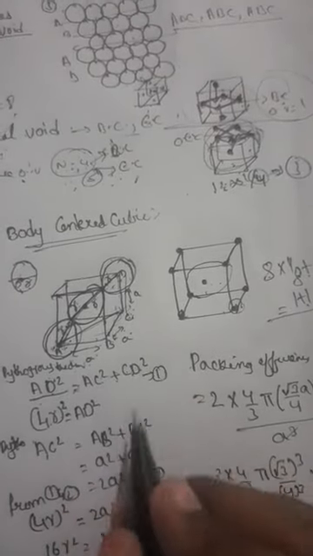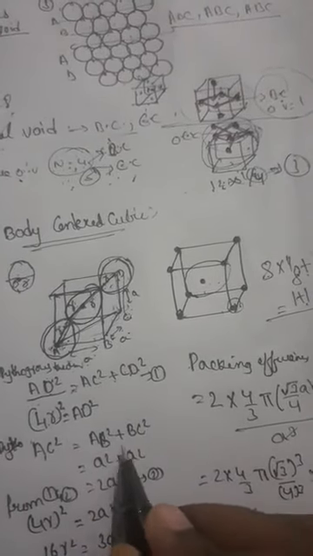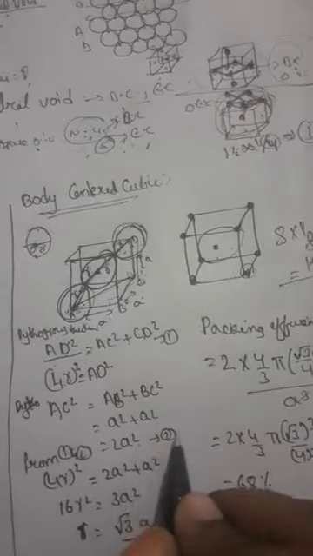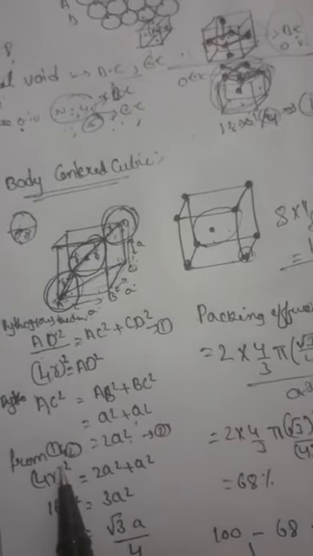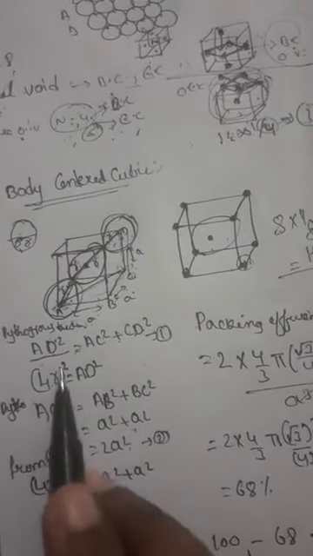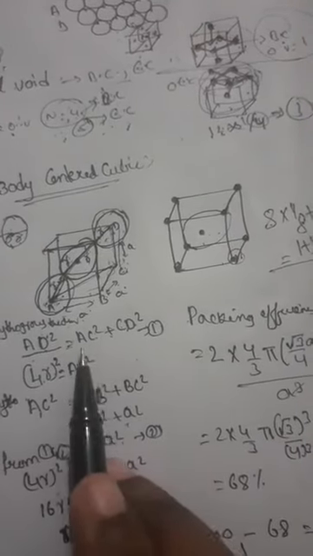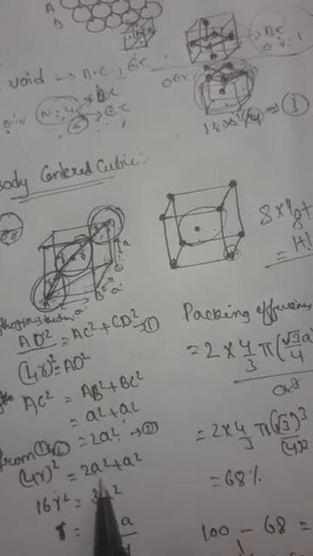And coming to BC, this is the edge length, A square. Total how much are we getting? 2A square. From equations 1 and 2, if we add this, 4R square at the AD square place, and at AC square we will get 2A square, at CD square we are getting A square. Okay, this CD is also edge length A.